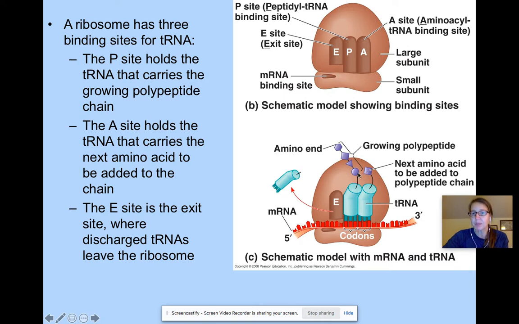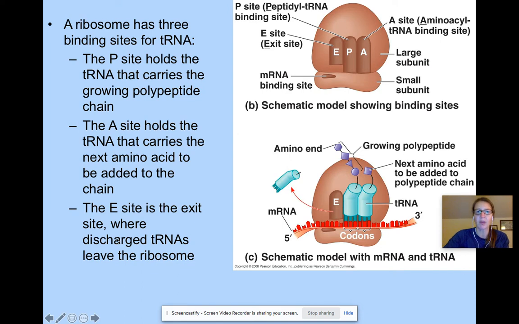Once that happens, then translocation happens, and this tRNA will move over to the E site. I call it the exit site, and actually they do too. So that's going to move it over, and that's the exit site. It doesn't have any more amino acids or a polypeptide chain associated with it, so it'll move here and then can just leave.